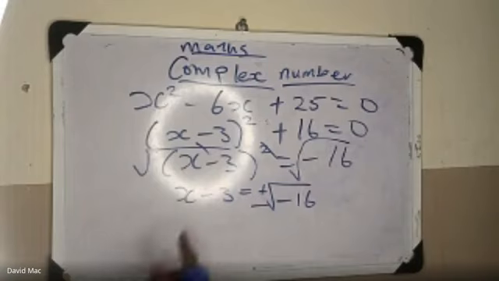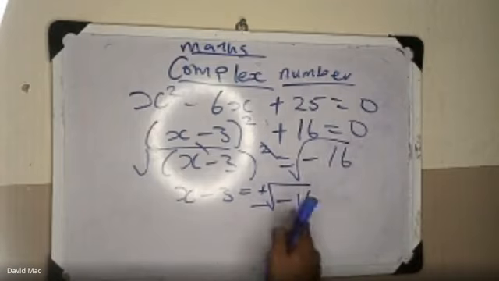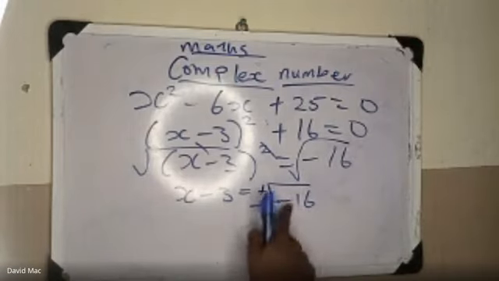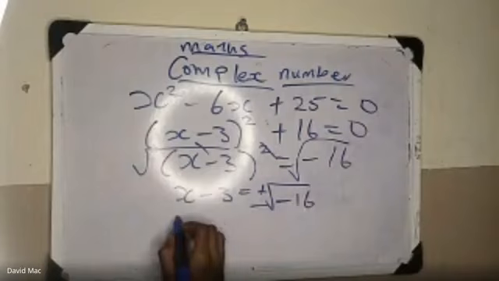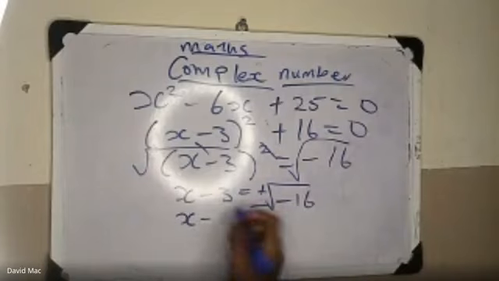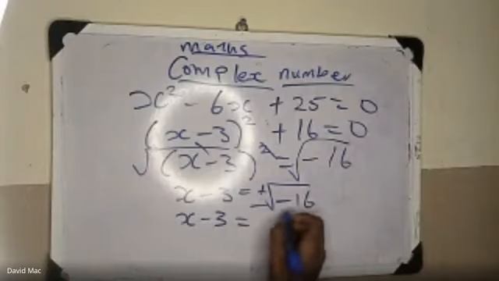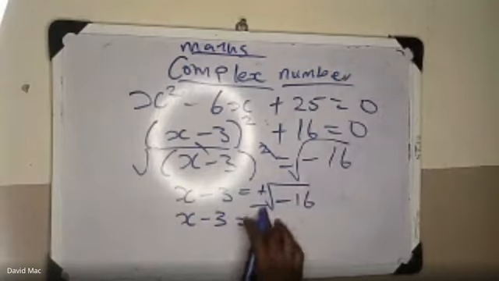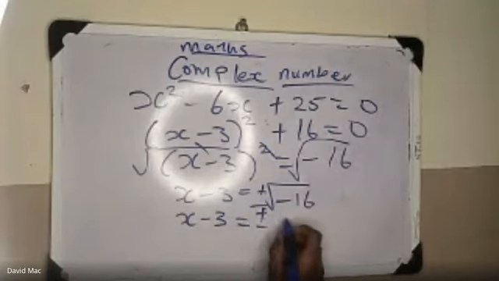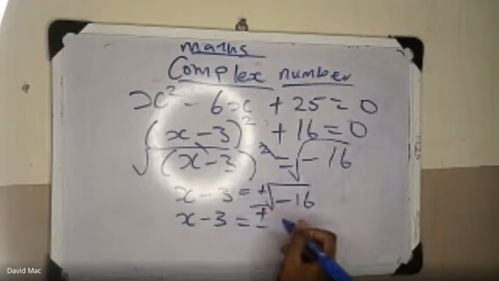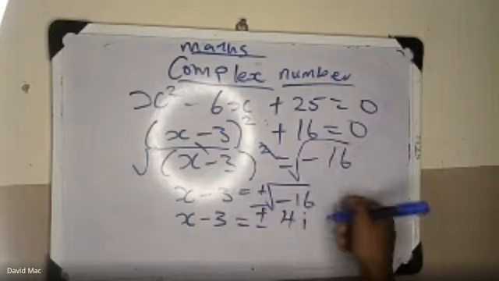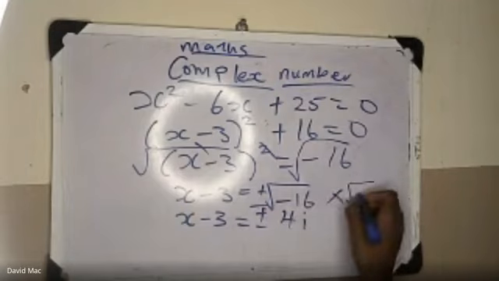Since you know that this is your imaginary part, you know you can't find the square root of minus 16. So what do you do? You introduce an imaginary number, and when you solve it, you're going to be getting plus or minus 4i, because you multiply this by square root of minus 1.